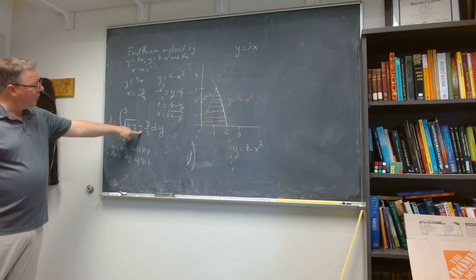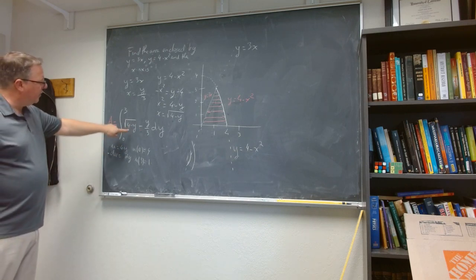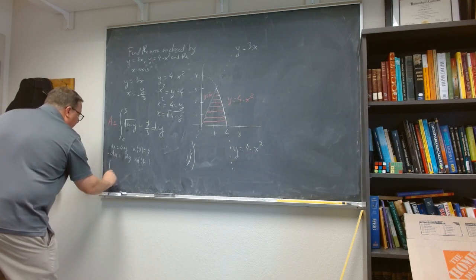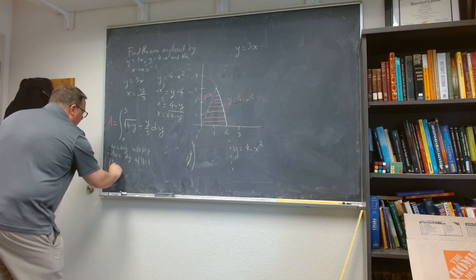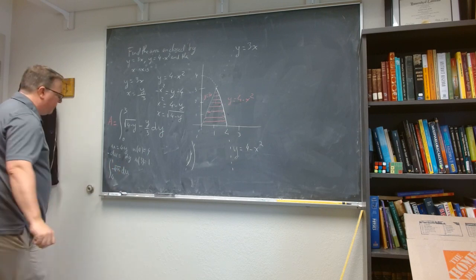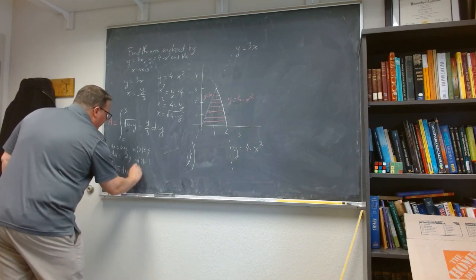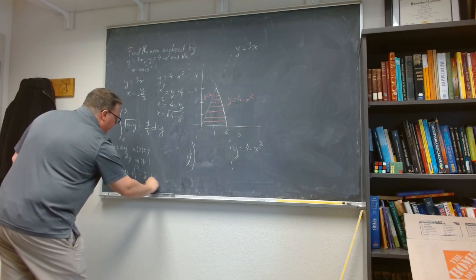The second piece, we won't need a u substitution, so we're going to do it separately. So for the first piece, we're going to be doing the integral from 4 to 1 of root u negative du, plus the integral from 0 to 3 of negative y over 3 dy.